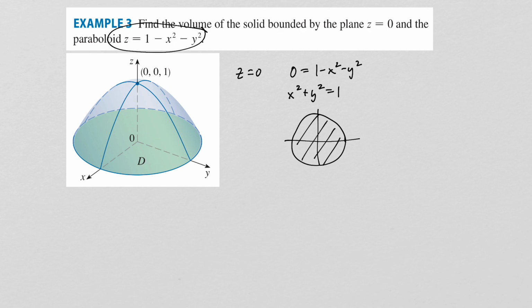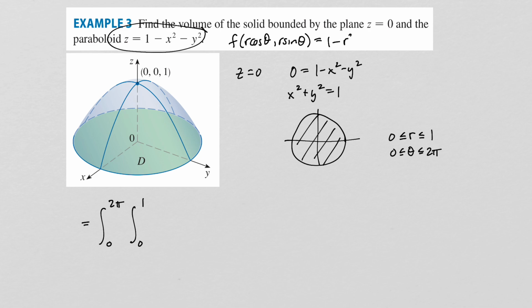Now, if we are integrating on the unit circle in polar coordinates, we can simply say r is a number between 0 and 1, and theta is a number between 0 and 2 pi. So in polar coordinates, this becomes the integral from 0 to 2 pi, and then the integral from 0 to 1. Now we have to get our function in terms of r and theta. So f of r cosine theta, r sine theta, is going to be 1 minus r squared cosine squared minus r squared sine squared.